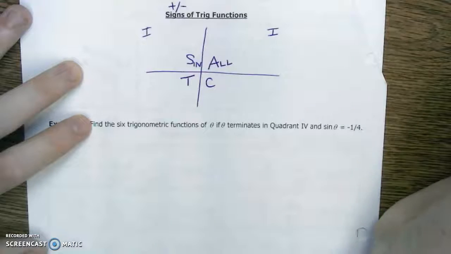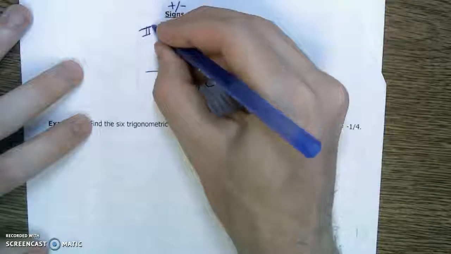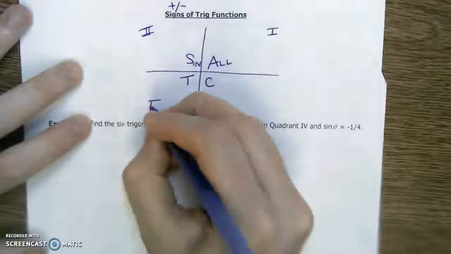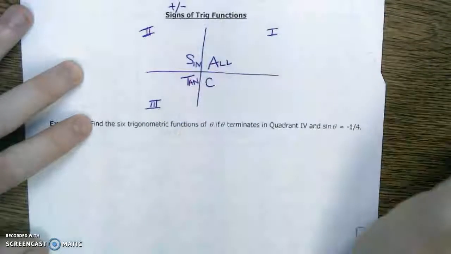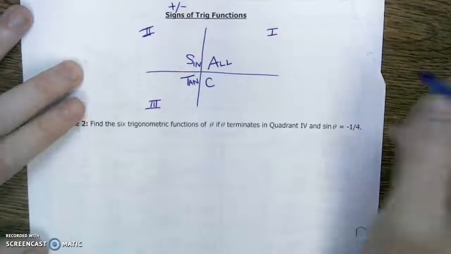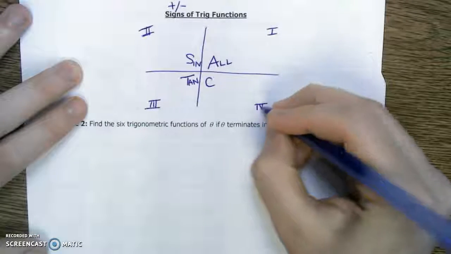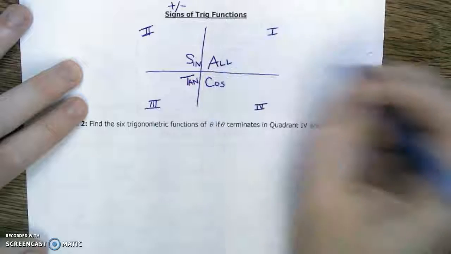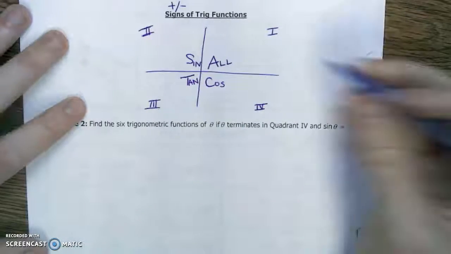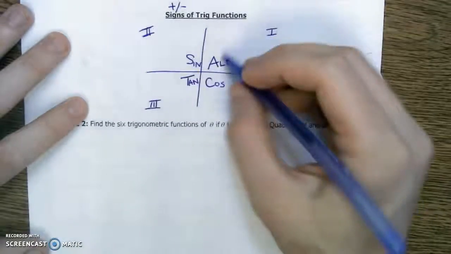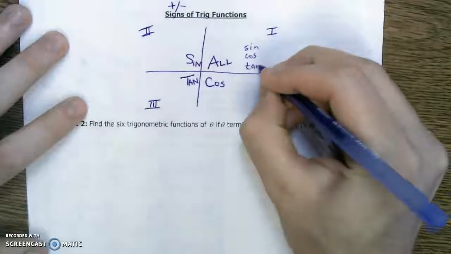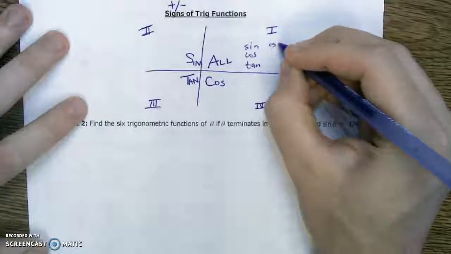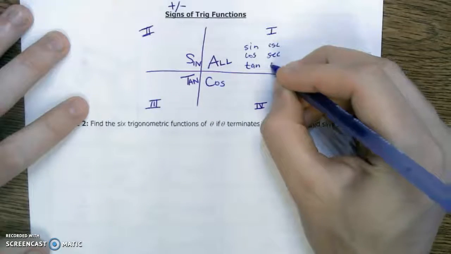Sine is positive in quadrant 2. This is quadrant 3. T stands for tangent. Tangent is positive in quadrant 3. Quadrant 4. C stands for cosine. Cosine is positive in quadrant 4. And so all would mean sine, cosine, tangent, and the reciprocals, cosecant, secant, cotangent.